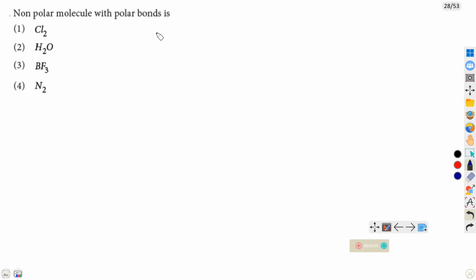Non-polar molecule with polar bonds. Cl2 is a non-polar molecule and the bonds are also non-polar because there is no electronegativity difference.